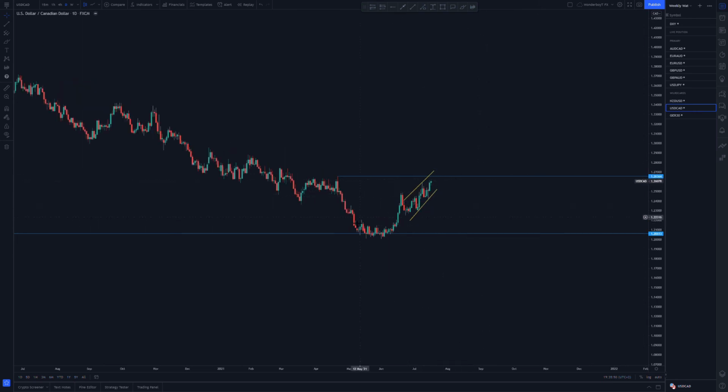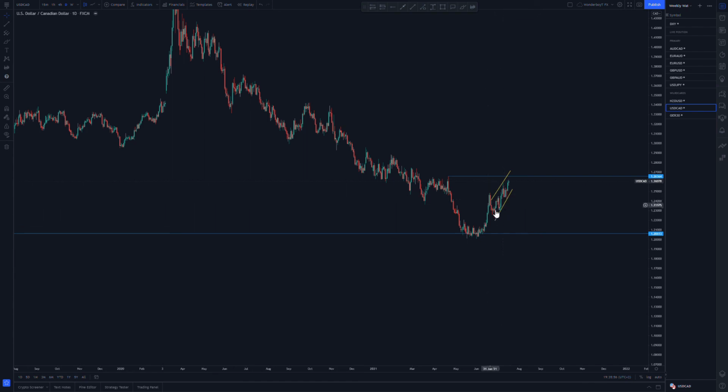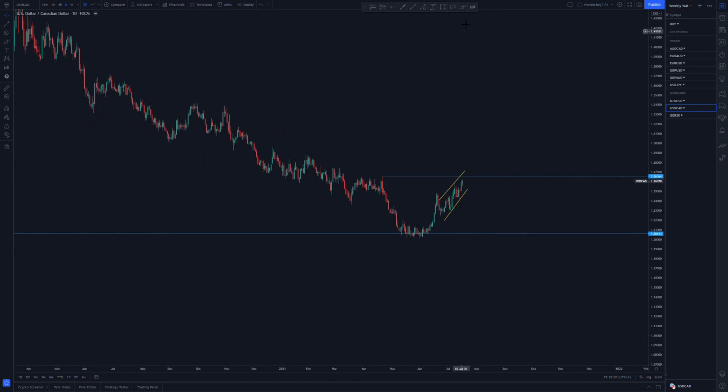As you can see, we rejected from this low here, and then pushed, and then now price is moving corrective toward these areas.